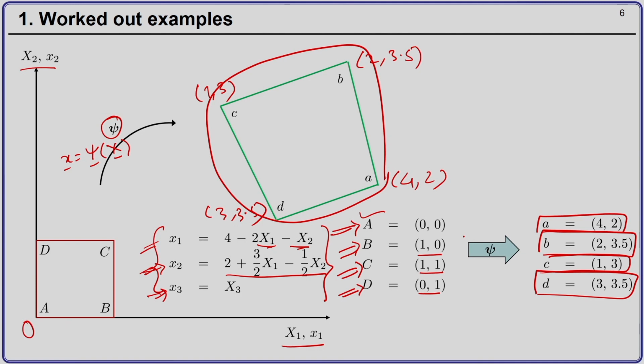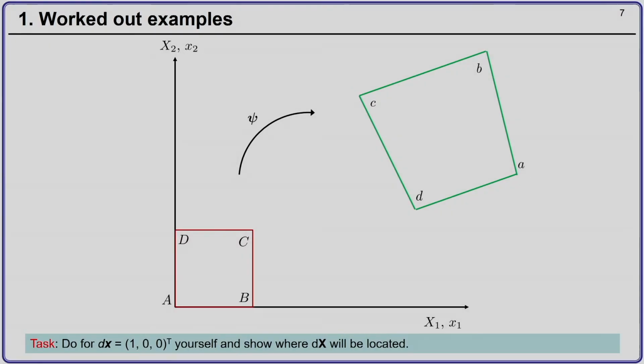Now, let us see what happened to our material vector dX given by 1 by root 2, 1 by root 2, 0. The unit square has been mapped to this particular shape, and this is our unit vector dX given by 1 by root 2, 1 by root 2, 0.